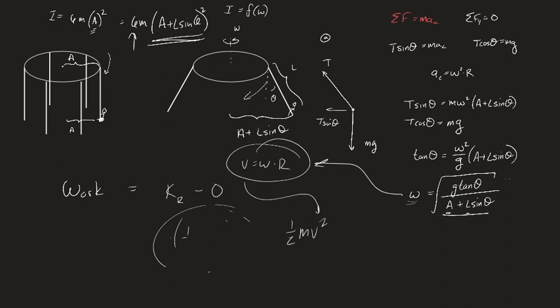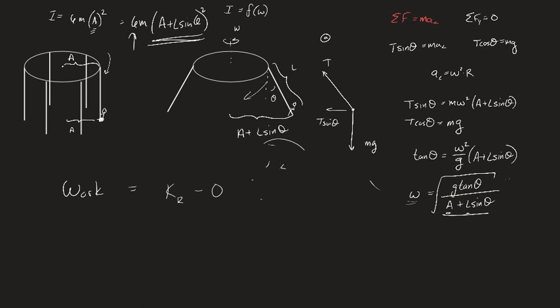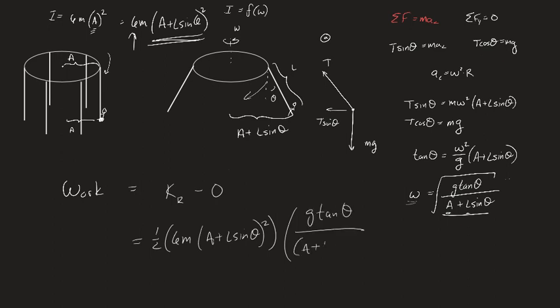So come back to that. Get rid of all this extra garbage I don't need. Why won't some of this erase? There we go. All right. And I get 1/2 times 6m times A plus L sine theta quantity squared times omega squared, which is just all of this, G tan theta over A plus L sine theta.